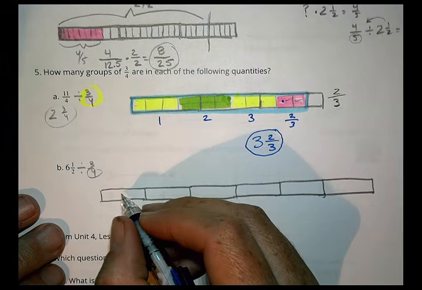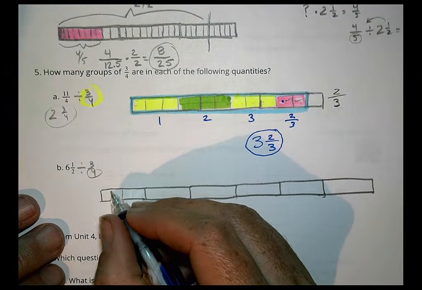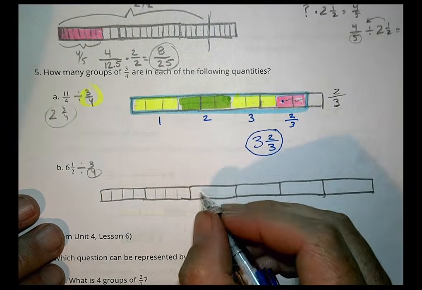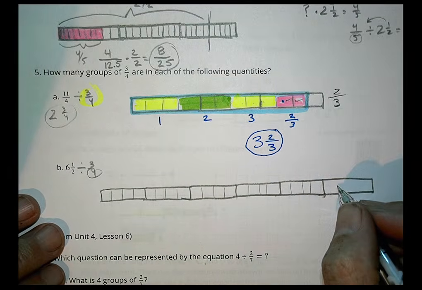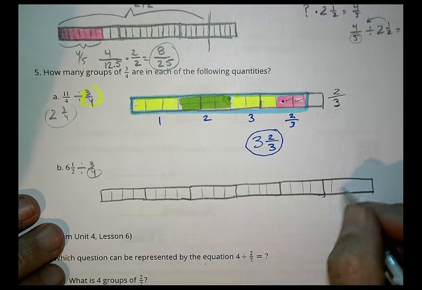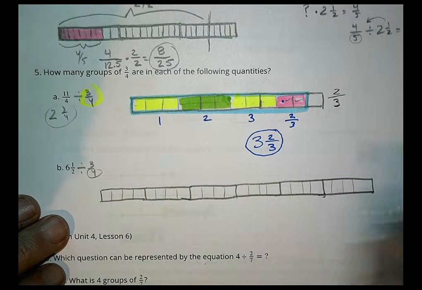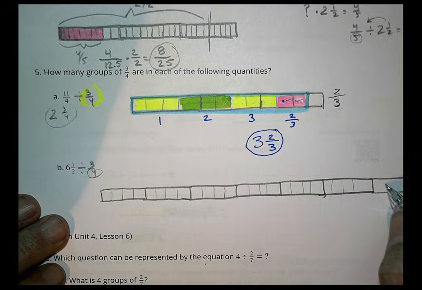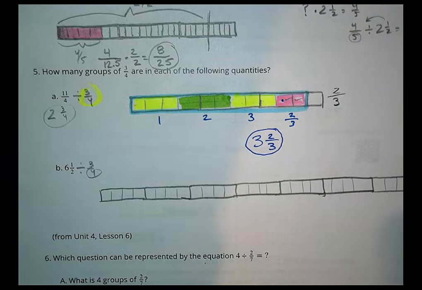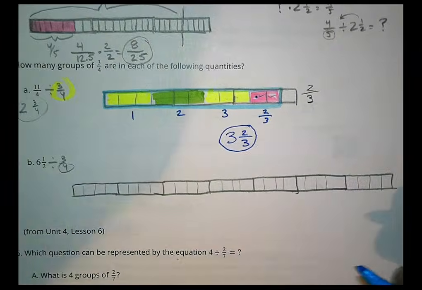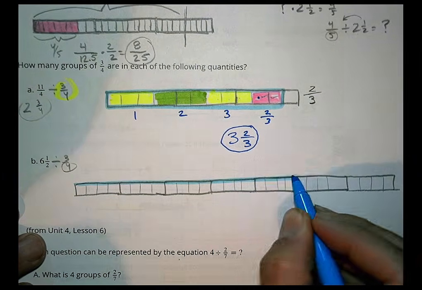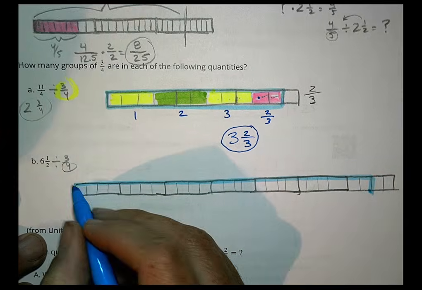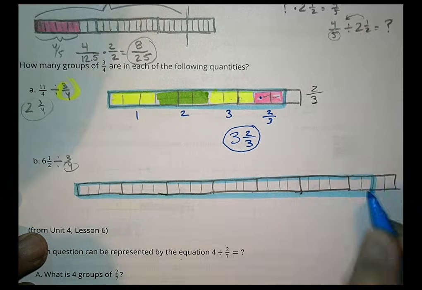So here we go. 1, 2, 3, 1, 2, 3, and so on. But I'm doing 6.5, so I need to go another one, right? And because it's 6.5, I'm going to come out here and go 1, 2, 3, 4, 5, 6.5. That's what I'm working with there.